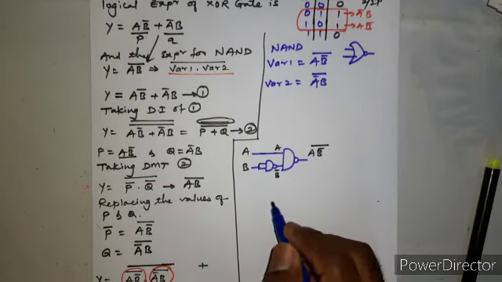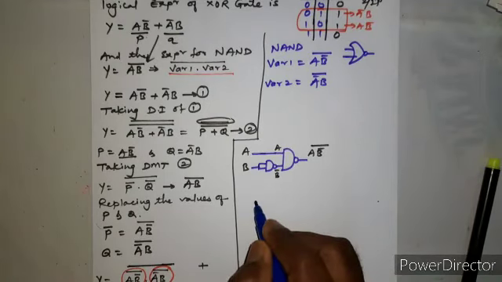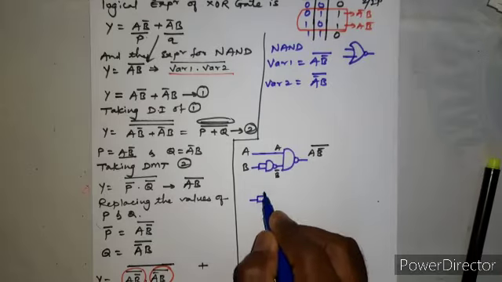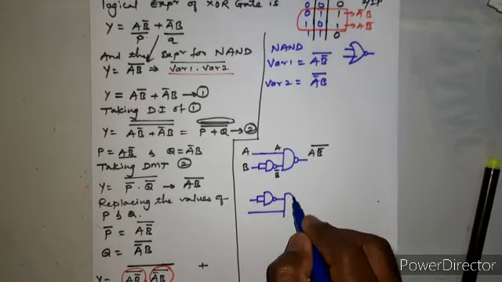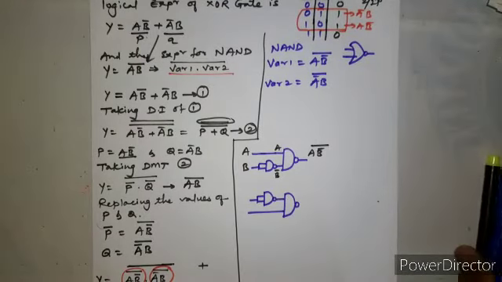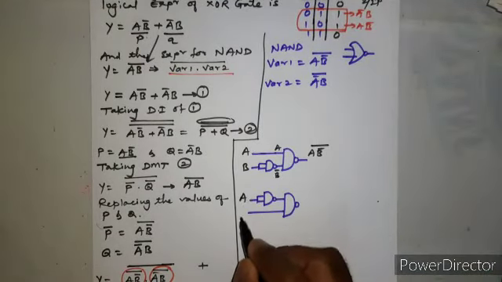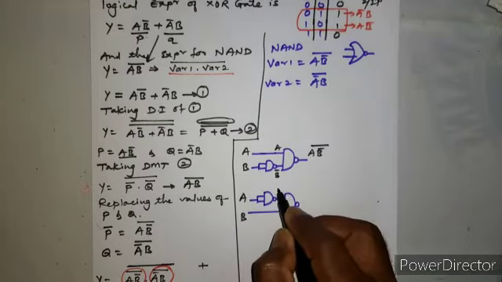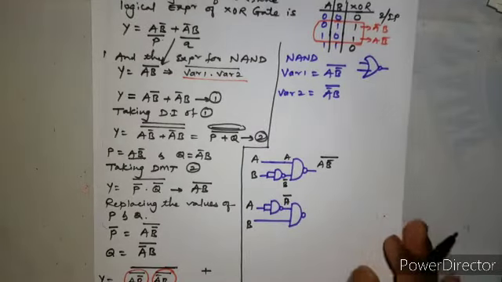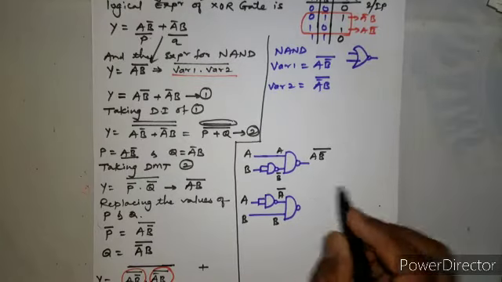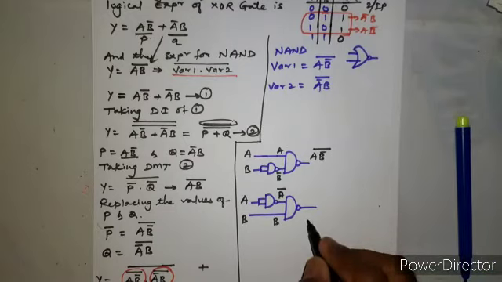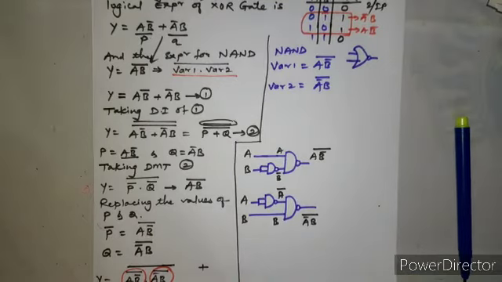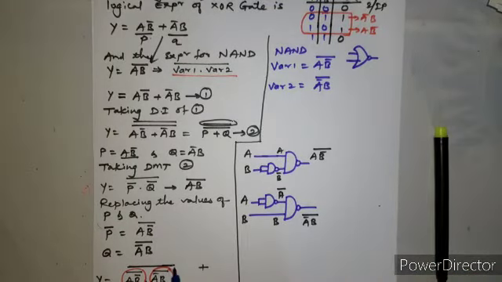So this is A bar, B. So again this is A, this is B, here it is A bar, here it is B, okay, and the output here is A bar B whole bar, and then this bar.